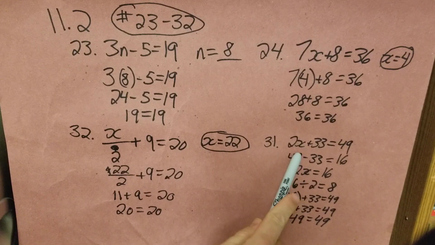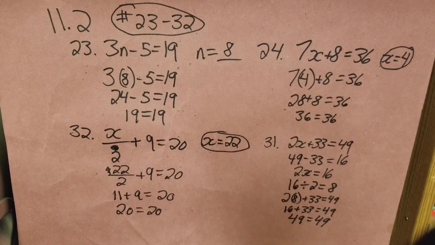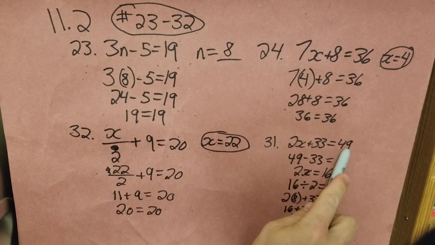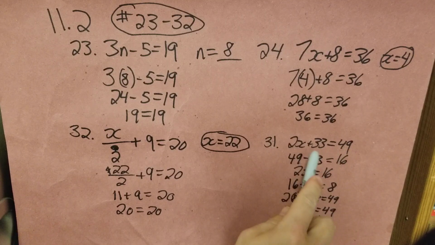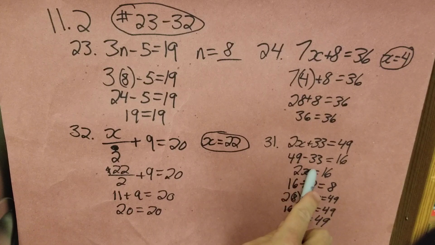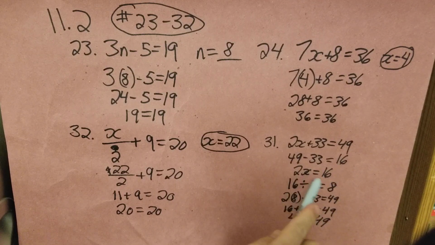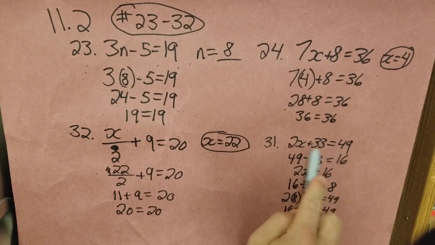I have 2x plus 33 equals 49, and I can't even guess. So I work backwards and opposite. I start with 49. Instead of plus 33, I now have minus 33. 49 minus 33 gives me 16. So now I have 2x equals 16.